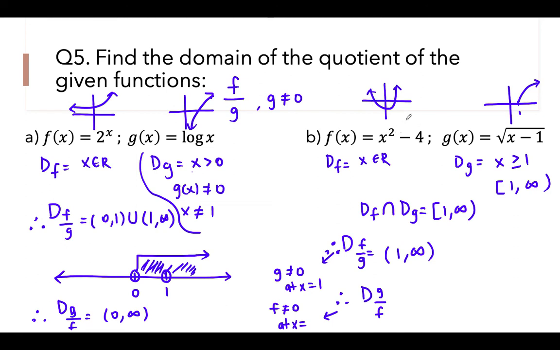Because if I were to factor this, it's going to be x minus 2, the difference of squares, x plus 2. So the x-intercepts are at plus or minus 2. So therefore, it can include 1, right? [1, 2) or (2, infinity).